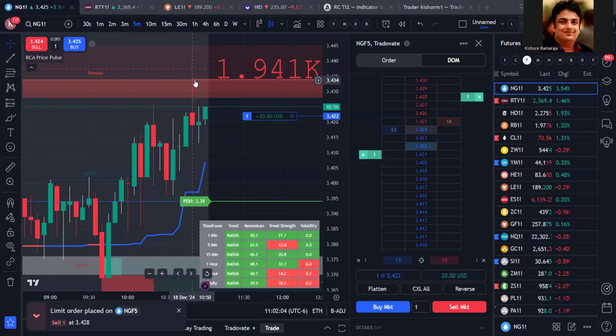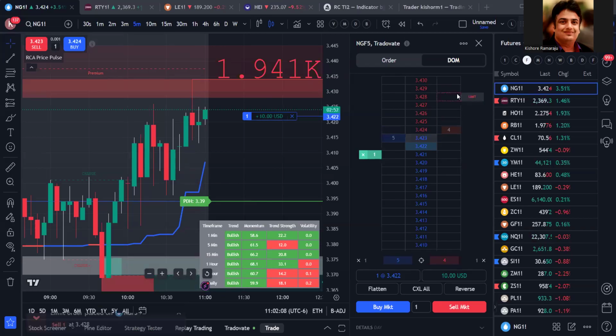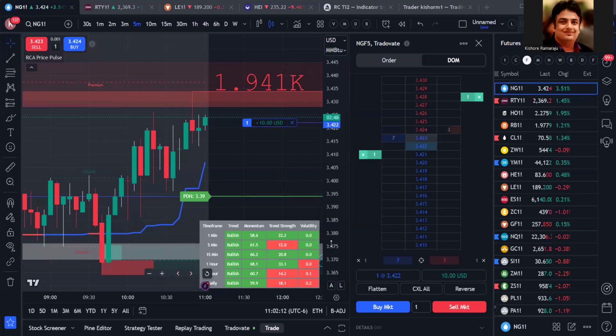This is where my first target is. But even if I make $50 with 10 contracts, that is $500. So I don't need to wait until it touches, because whenever it touches it, suddenly it can drop big. There can be a big red candle like this. So even before it touches that price, I want to put my target.